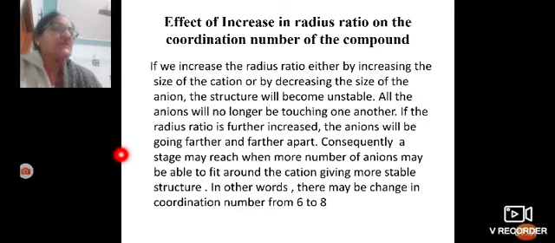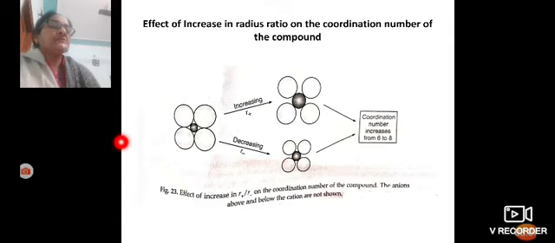In other words, there may be a change in coordination number from 6 to 8. It means if we increase the radius ratio, the coordination number of the compound increases. This is the effect of increase in radius ratio on the coordination number.